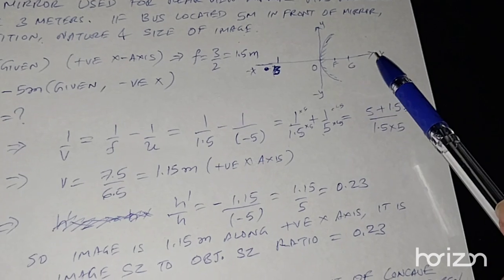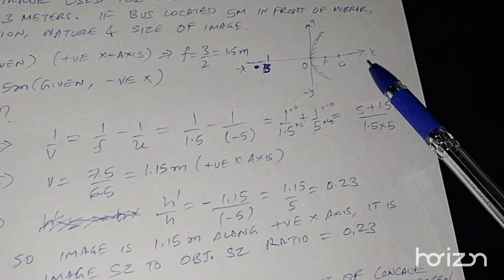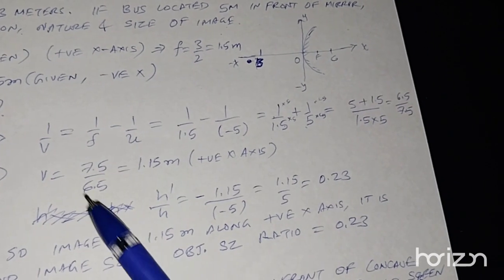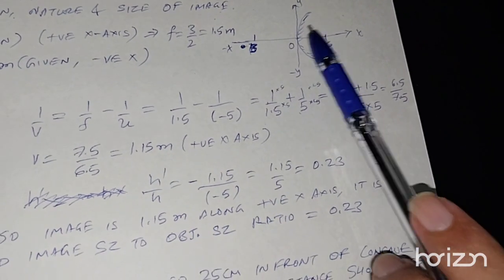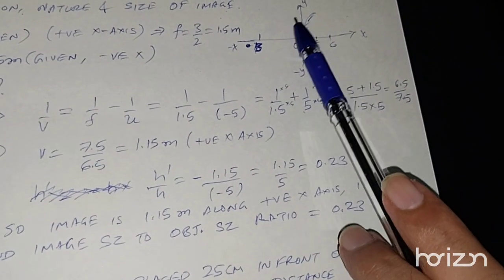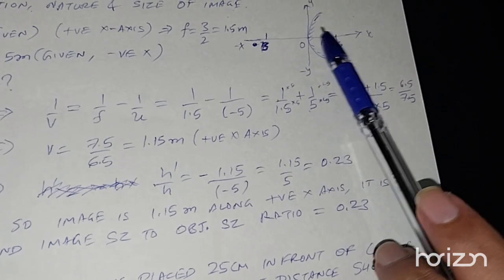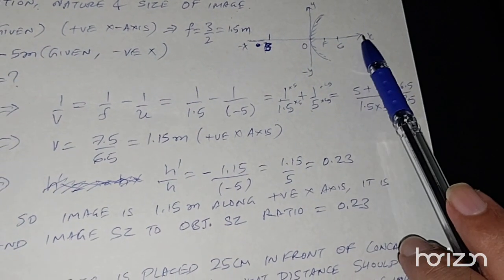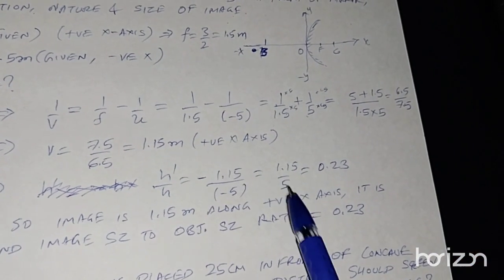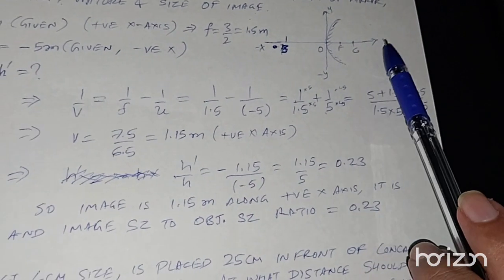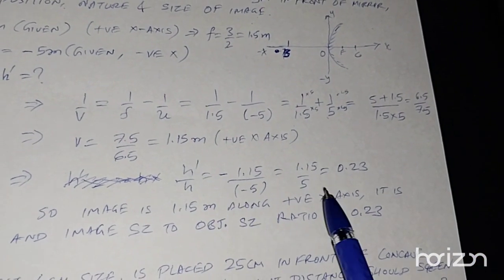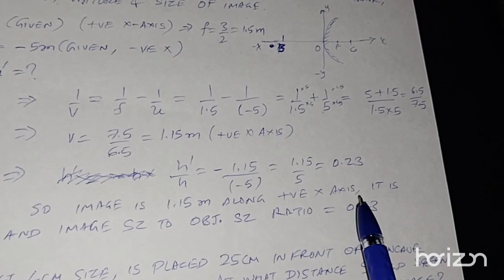Which means the image is virtual. See, you have got v equal to 1.15, which is along the positive x-axis, and the mirror is here, and anything along the positive x-axis is behind the mirror, right? So the image is at 1.15 meter from the pole along the positive x-axis, so it's a virtual image.